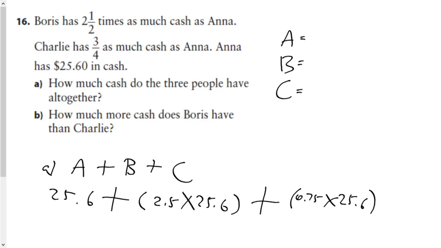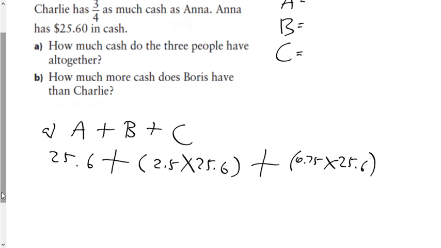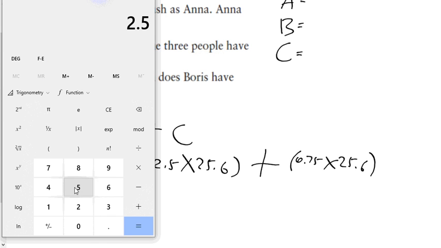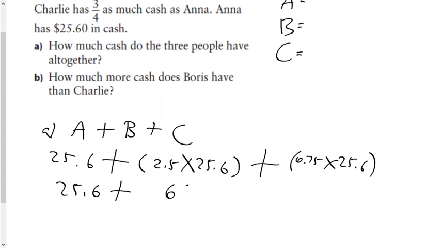So now that we've had this question written down, I know that all three of those numbers work, and all I'm going to do is simplify it using BEDMAS. So $25.60 plus Boris has 2.5 times 25.6. He has $64.